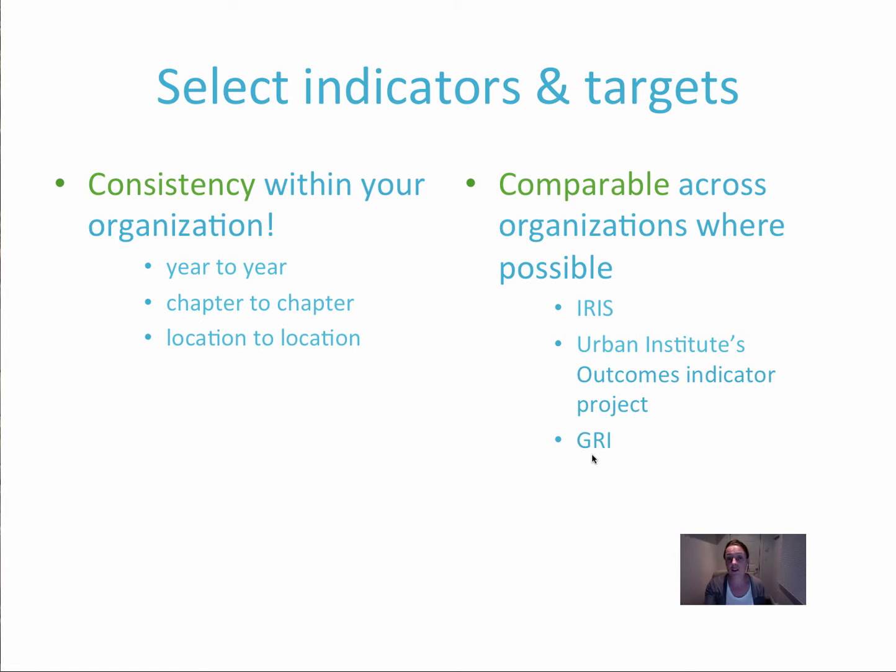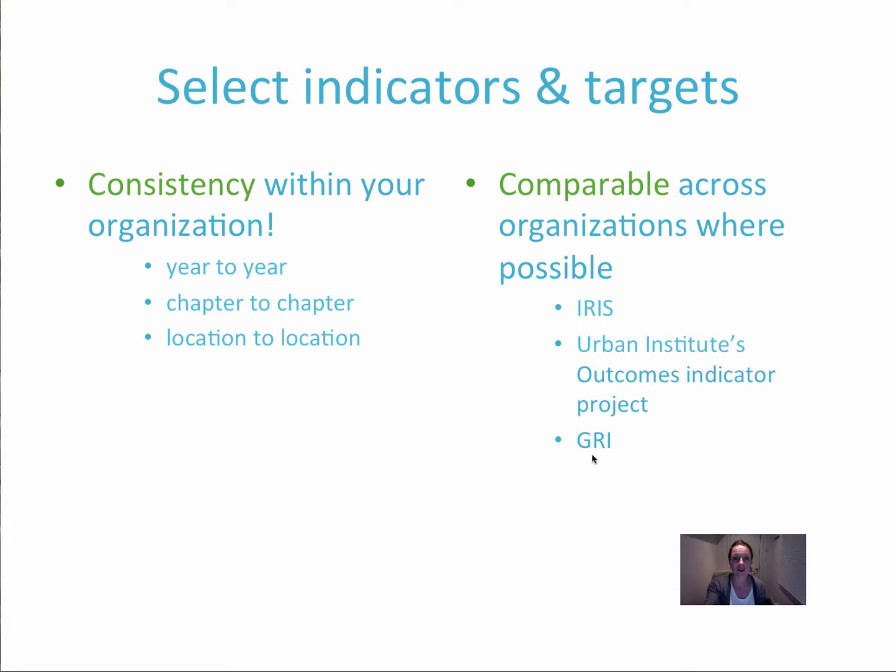So you can use these, you can check out IRIS, you can check out the Urban Institute's Outcome Indicator Project, and you can check out GRI. GRI is for everybody, definitely, all sizes, sectors, locations, but tends to be better suited for for-profit enterprises.